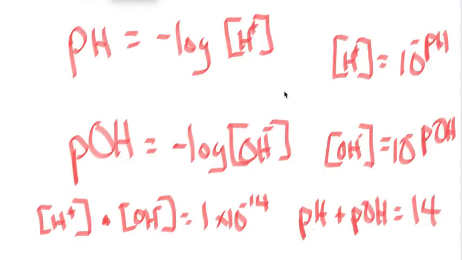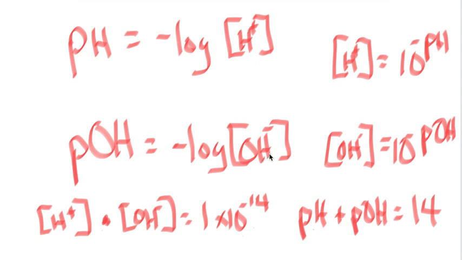Okay, let's summarize real quick. If you know the things on this slide, you can solve a variety of pH problems and acid-base problems. We know that pH equals the negative log of the hydrogen ion concentration, and we can use the pH to find the hydrogen ion concentration using the inverse log of the negative pH.